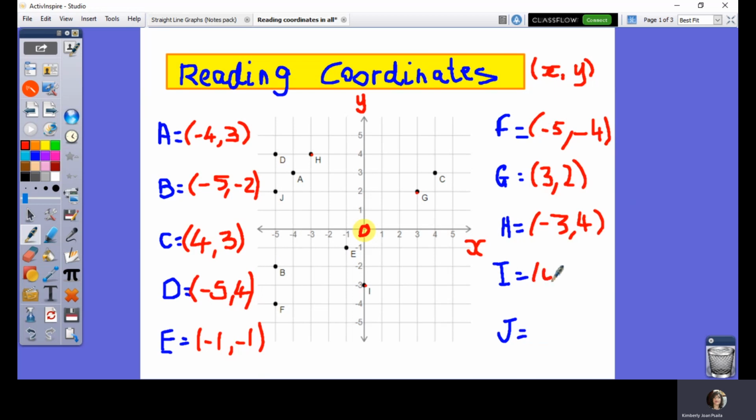So x here is 0, comma, and it goes down 1, 2, 3 squares. Therefore it is at -3. The last point here is J. Start from the origin, move to the left 5 boxes, so we have -5, comma, and it goes up 2 squares. And there you have your coordinates.